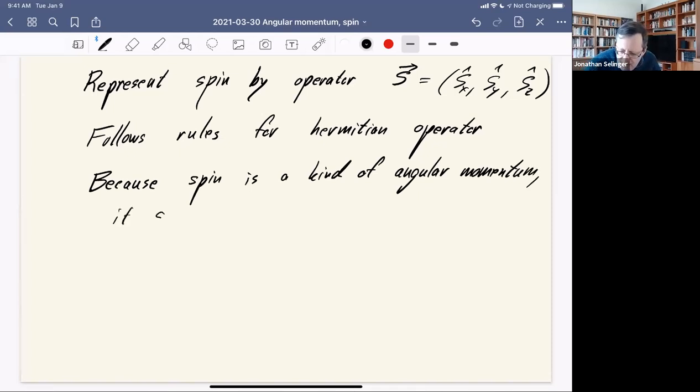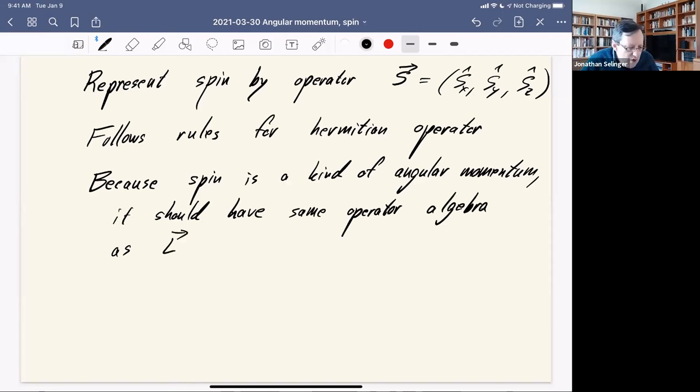it should have the same operator algebra as L. That is to say, the same commutation relations as L. We derive general commutation relations for L just because it's a kind of angular momentum, so that should work for spin too.